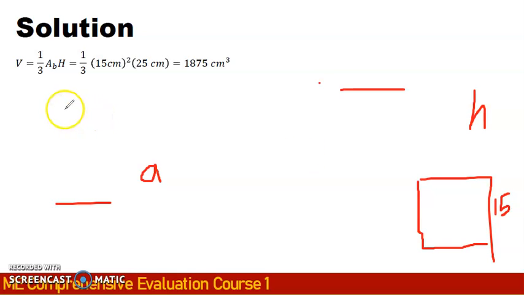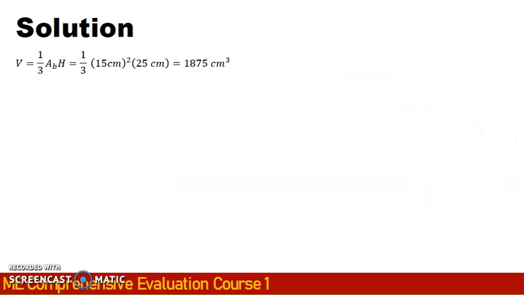We wanted to find the volume of the pyramid. We learned that the volume is 1/3 area of the base times the height. The base is a square, so the area of the square is a squared, so that's 15 squared times the height, which is 25 cm, which is also given. That's how we can find the volume of the pyramid.